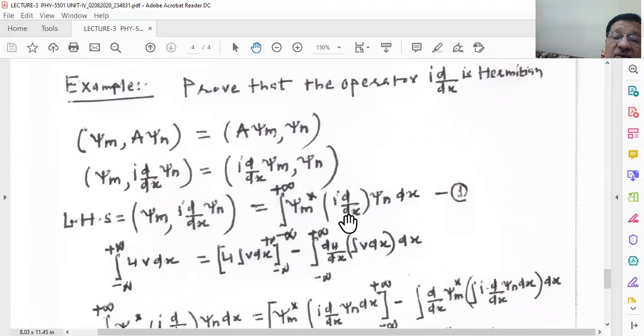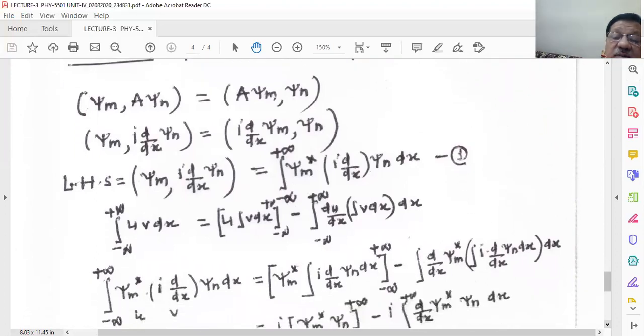Now we want to solve this integration, so we can use integration by parts. We have the law for integration by parts which people have frequently used. Suppose there are two functions u of x and v of x, and you want to integrate the product of these two functions. Here we have psi m star, and this is your u of x, and this is your v of x, let's say.